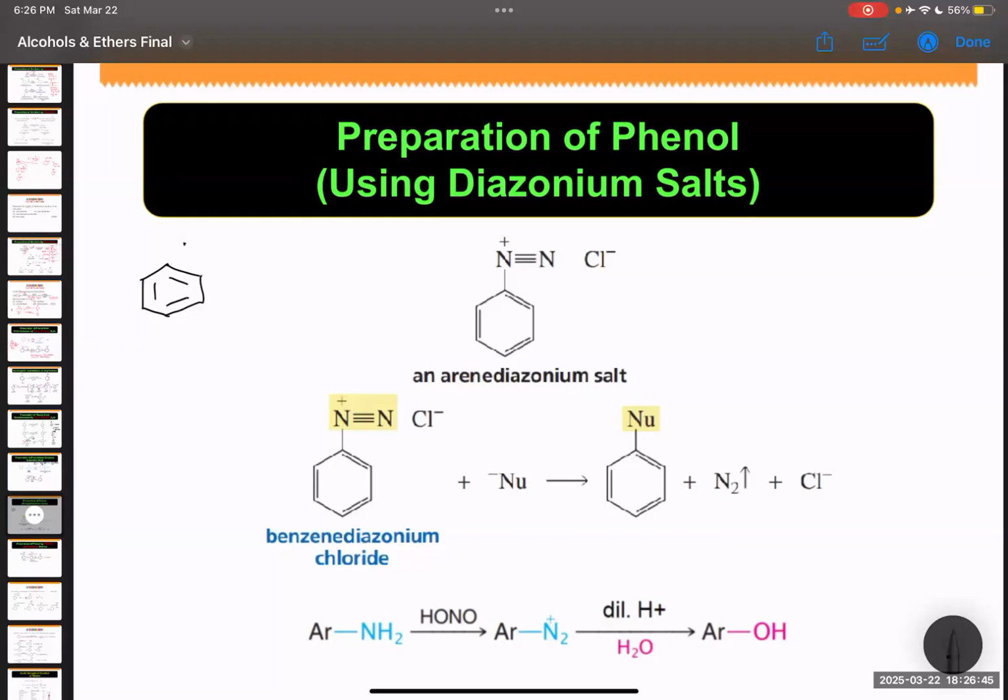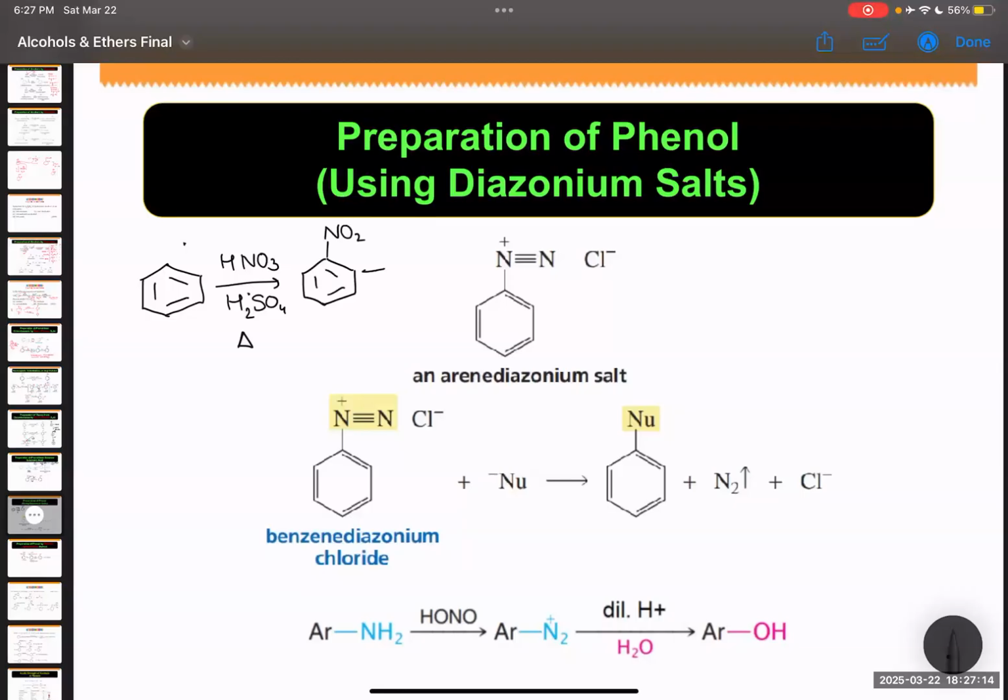From benzene, you can do the nitration by taking nitric acid in the presence of H2SO4. Remember, if you take simply H2SO4, you get sulfonation, benzene sulfonic acid. But if you take nitric acid and H2SO4, you are going to get nitrobenzene.